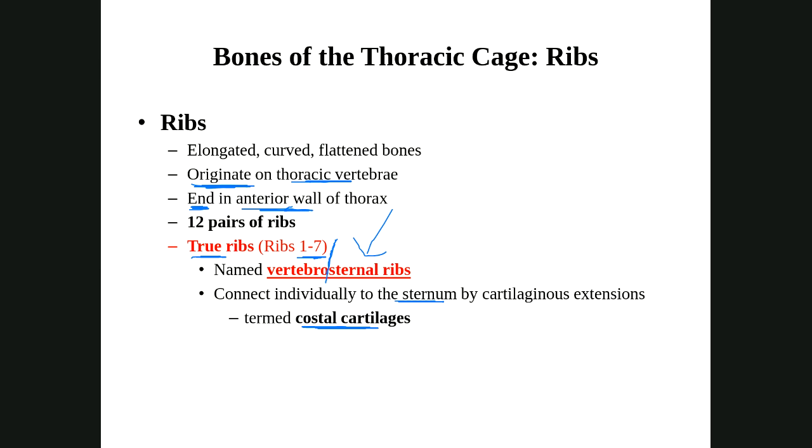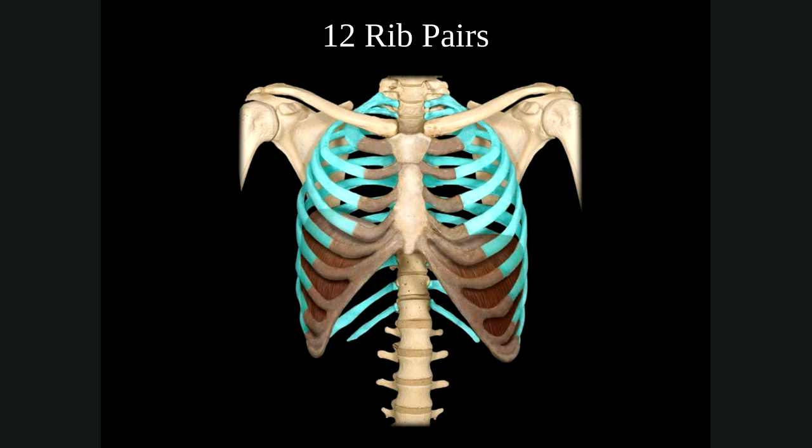Let me just show you a picture real fast. So here's rib 1, 2, 3, 4, 5, 6, and 7. Their costal cartilages will directly attach onto the sternum here. It's tough to tell, that's why I always have to do this. I'm going to give a dividing line here.